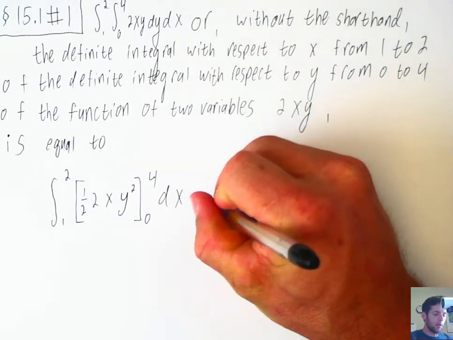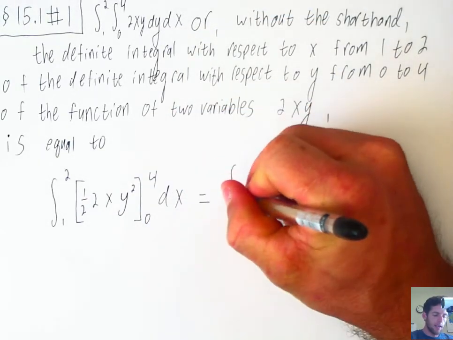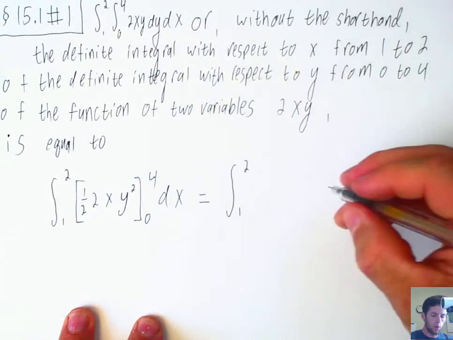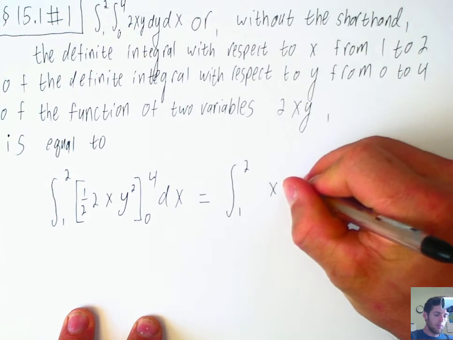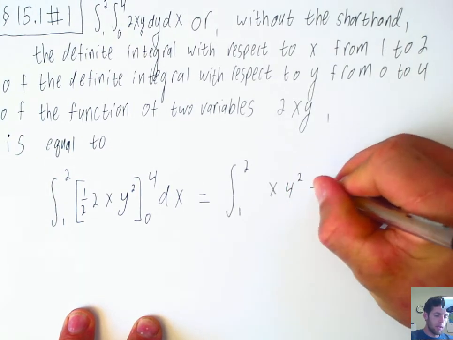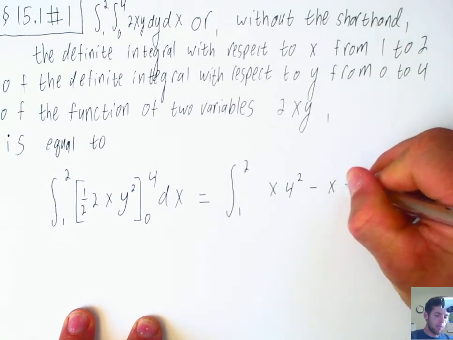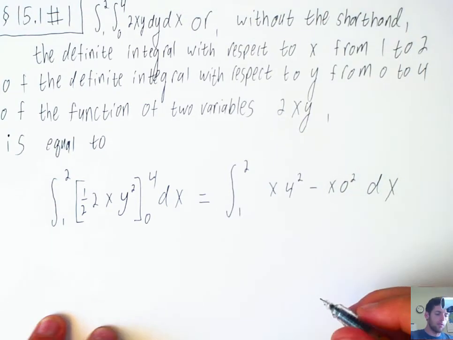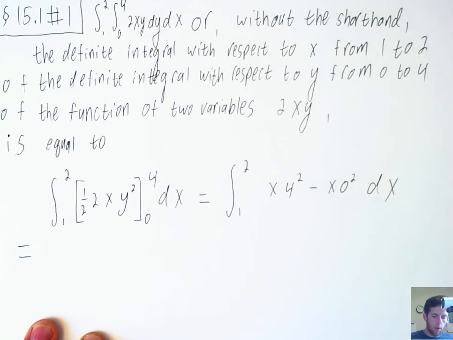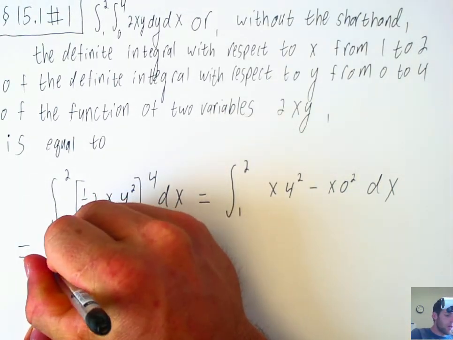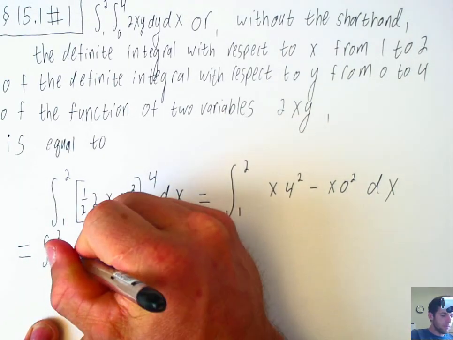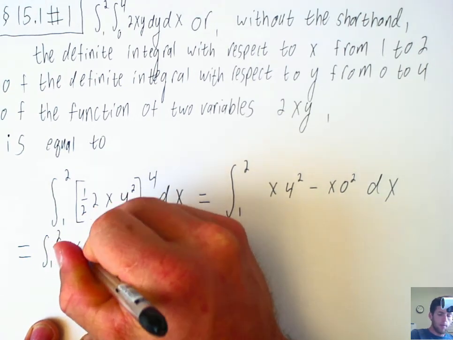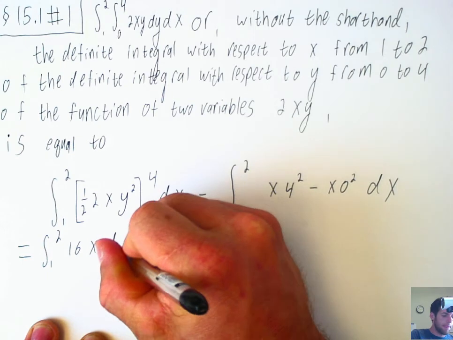Now let's go ahead and write out what that looks like. It's the definite integral from 1 to 2 of the 1/2 and the 2 will cancel. x times 4 squared minus x times 0 squared, and that will vanish, that second term. So let me go ahead and simplify that a bit more. The definite integral from 1 to 2 of 4 squared, I believe that that is 16, and I have just an x.